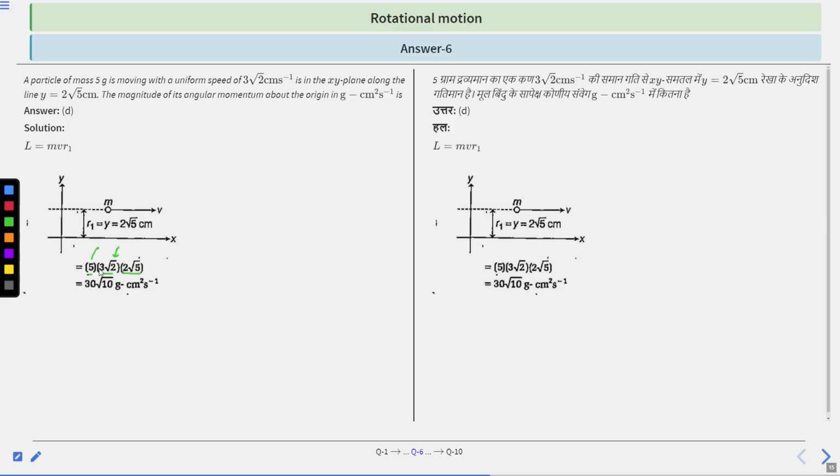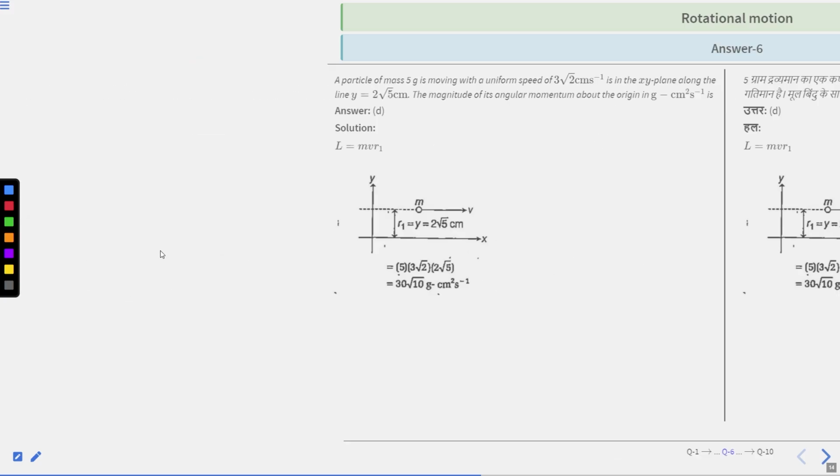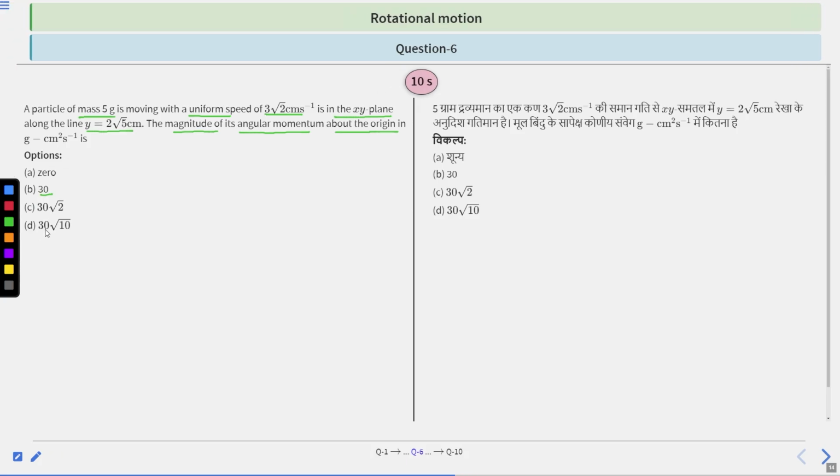Solving this equation, you will get 30 root 10 gram centimeter square per second. So this is the correct option. Option D is correct, 30 root 10.